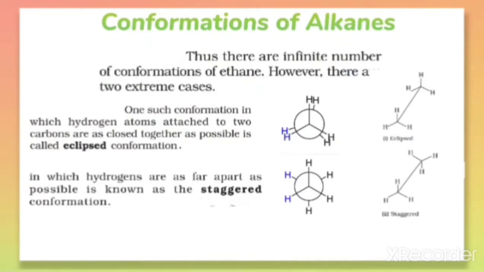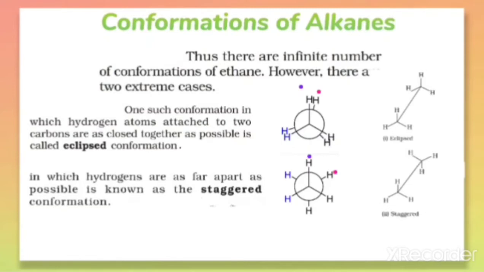So when you compare both the pictures here, the staggered and eclipsed forms, this is the front carbon hydrogen, and here is the front carbon hydrogen. And which one is the back here? This is the back carbon hydrogen, this is the back carbon hydrogen.